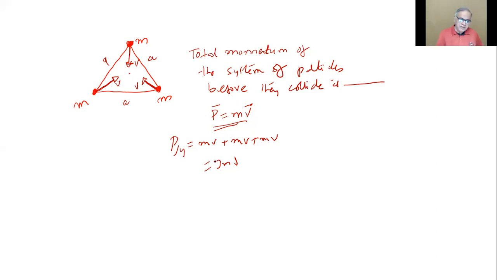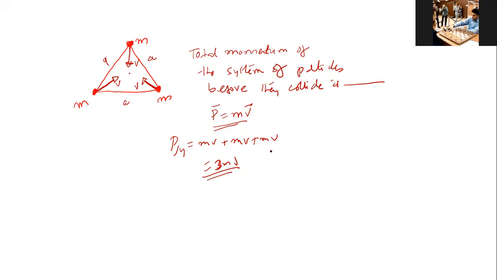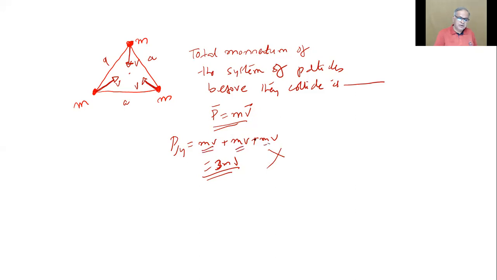Is my answer correct, children? No. Because you cannot add momenta like numbers here, because they've got directions like that. Isn't it? If all the 3 particles had momentum this way, then you could add mv plus mv, 2 mv plus mv, 3 mv, you can do that.